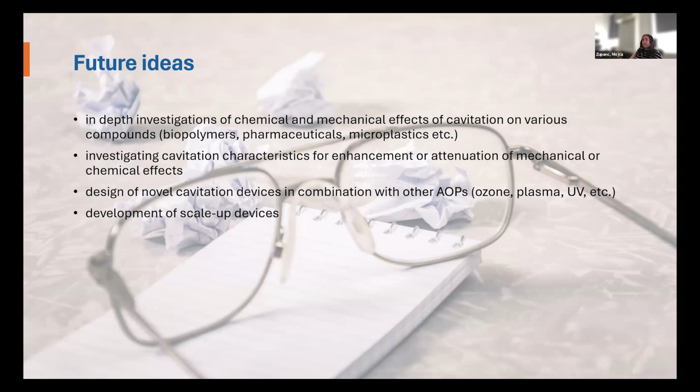We will investigate cavitation characteristics to enhance or attenuate mechanical or chemical effects. All this knowledge we will try to use in the design of novel cavitation devices, and also combine them with other advanced oxidation processes such as ozone, plasma, or UV. And we will continue with the development of scale-up devices.